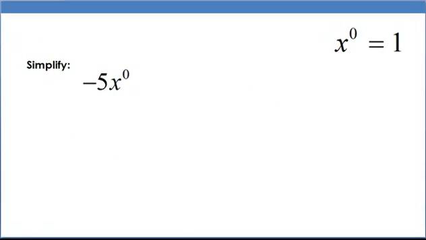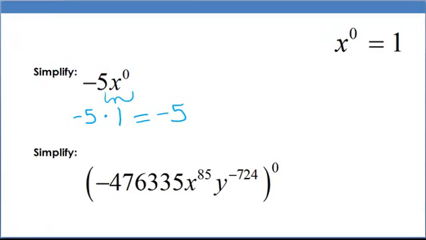Let's look at this example. Simplify negative 5x to the 0. So we want to know, what is the 0 really with? It is only with the x, so that piece of it is equal to 1 by definition, times the negative 5 will give us negative 5. This last example is often used as a type of trick question.